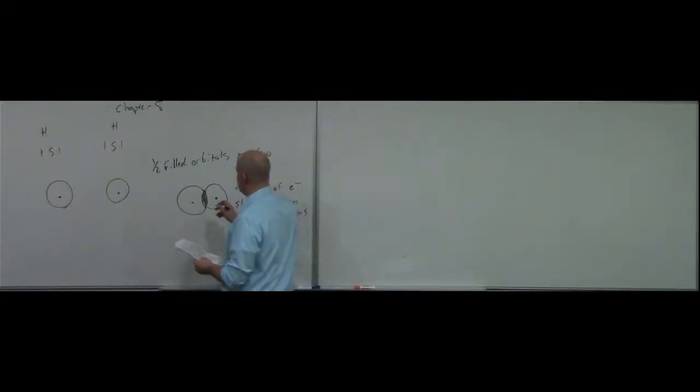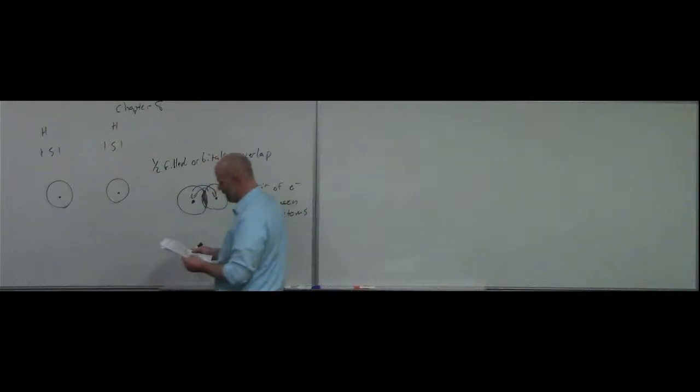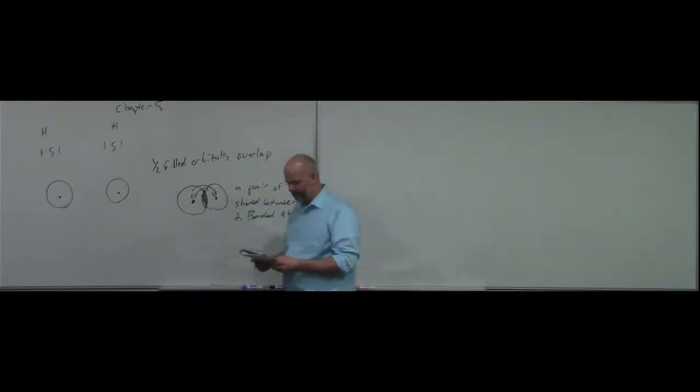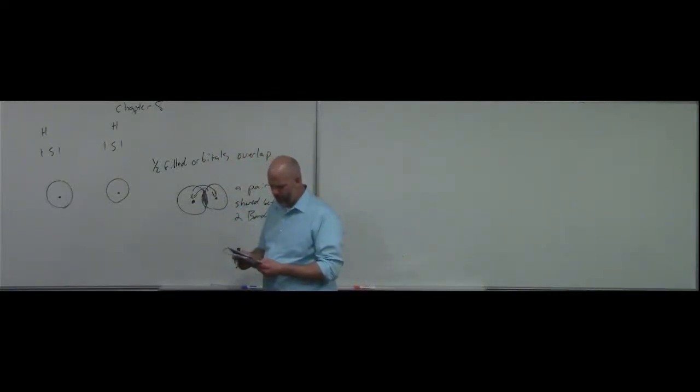So essentially, there is an attraction between the electron here and this nucleus, and the electron here and this nucleus. Let me read that part again: the negatively charged electron pair and the atoms' positively charged nuclei serve to physically link the two atoms through a force we define as a covalent bond.